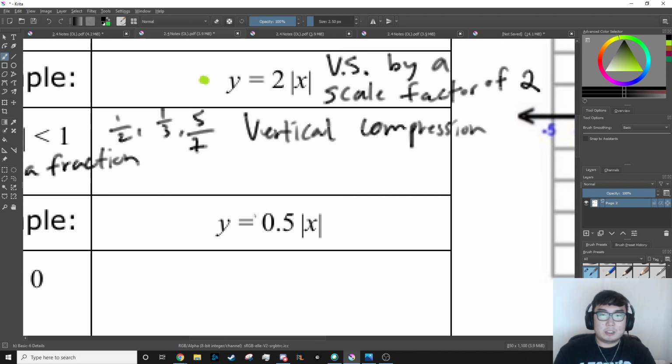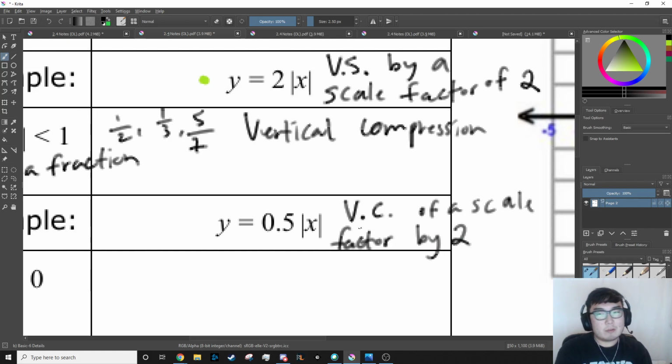And let's look at the example and I'll explain why we name it that and what happens. So y is equal to 0.5, or half, of the absolute value of x. This is a vertical compression of a scale factor by 2.